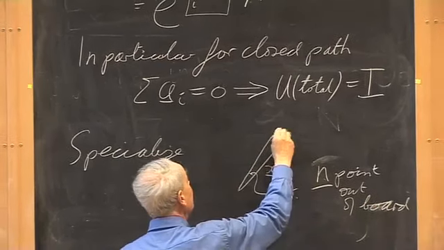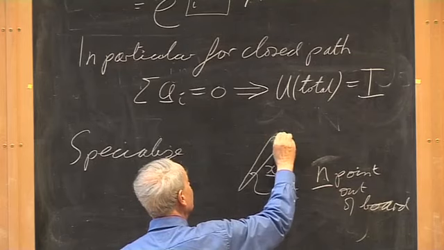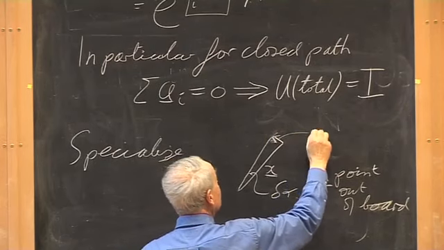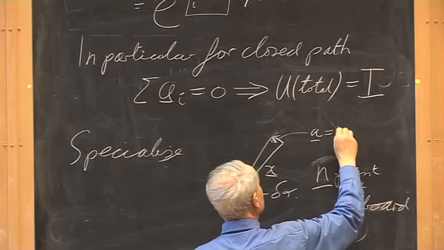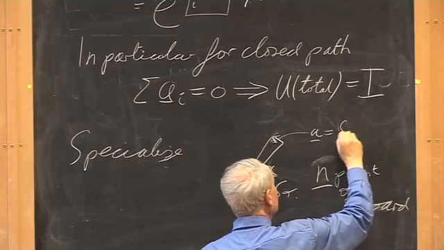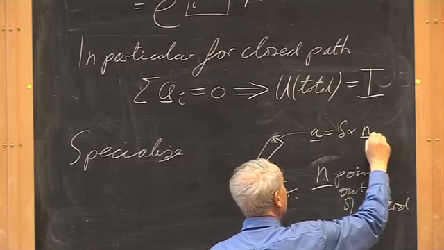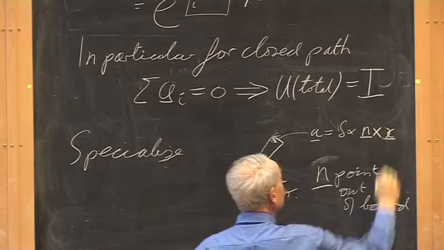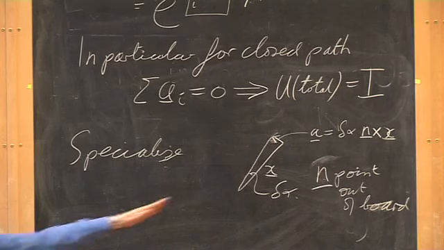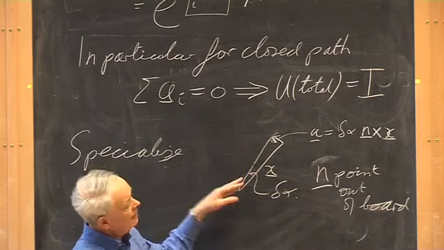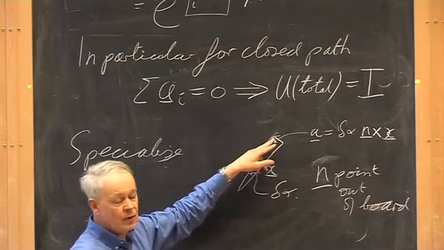Then this displacement vector is going to be A equals delta alpha n cross x. Right? That's just ordinary classical geometry. If I go like this and n is out of the board, then that's the displacement that we generate.